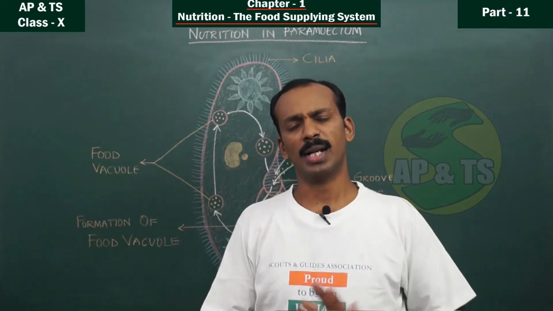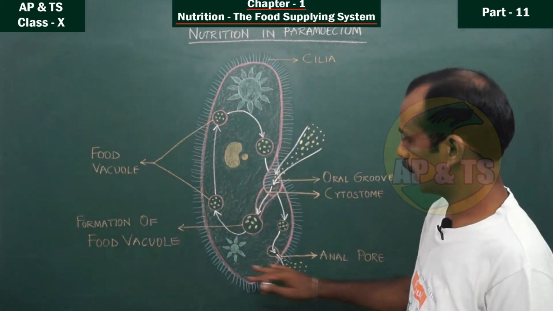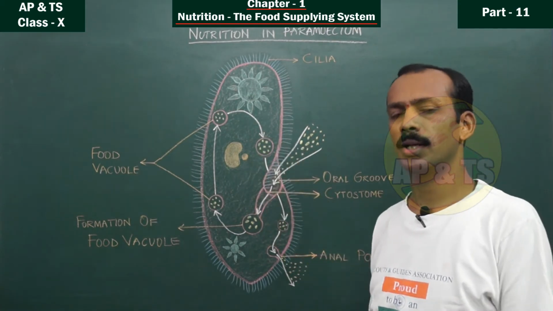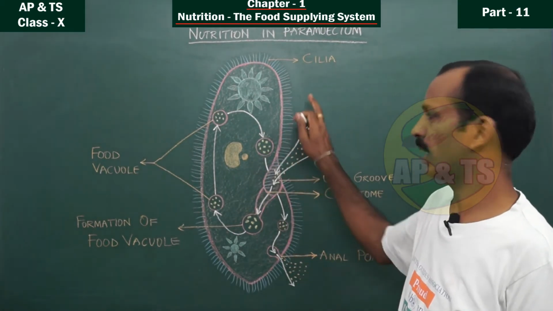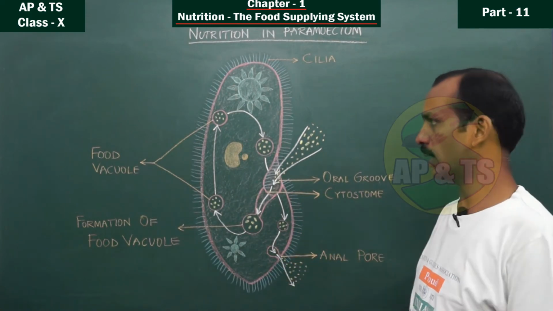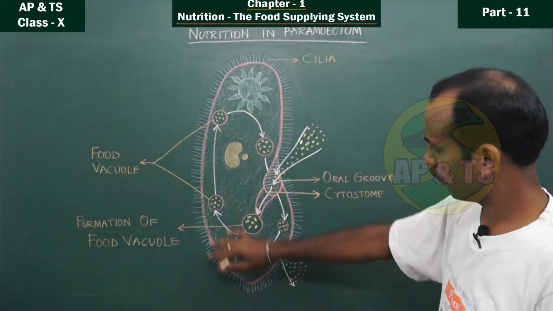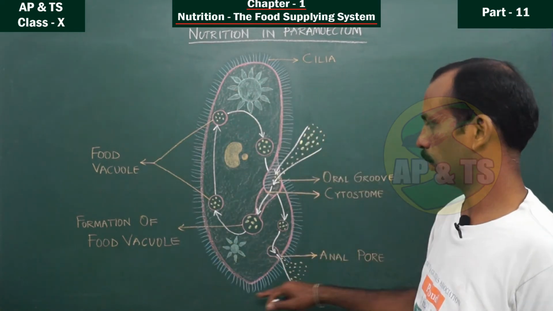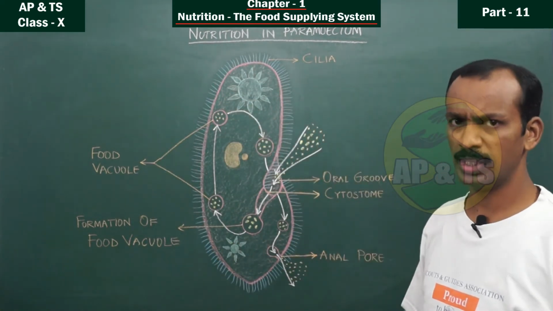This is the diagram of Paramecium showing Holozoic nutrition. Okay children, so this is the shape of Paramecium. This is slipper shape.